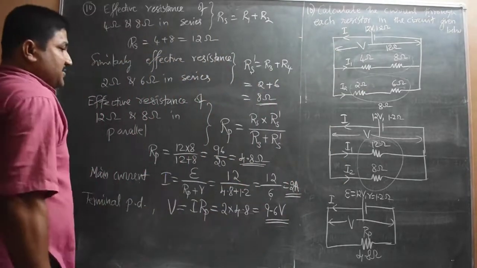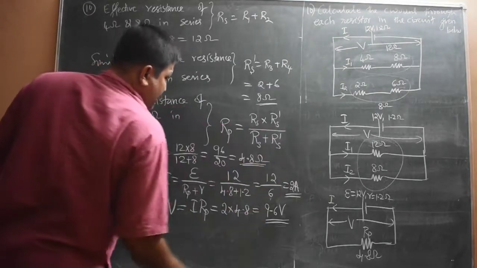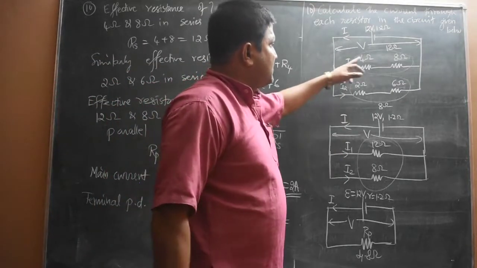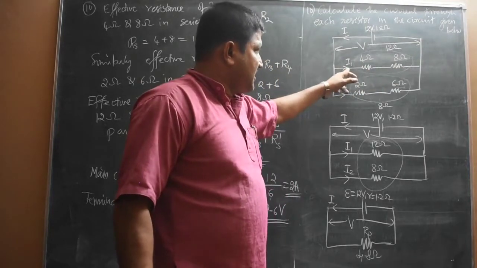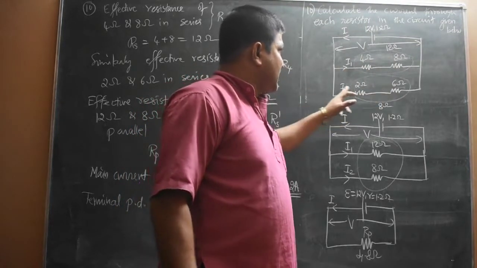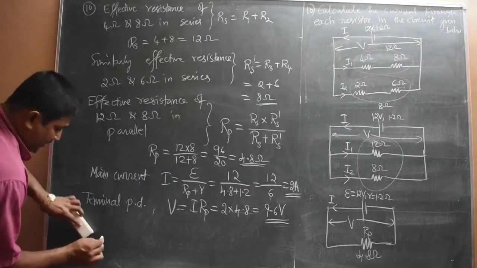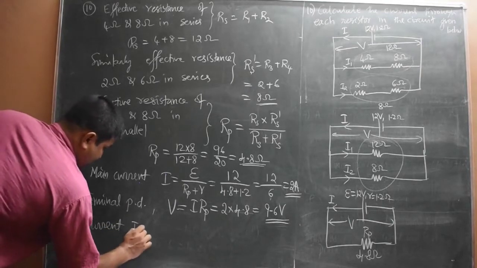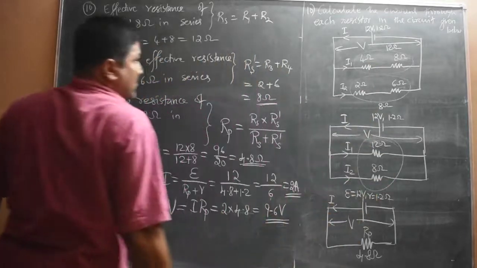Now we can get the current through each branch. First branch I1: the current through the first branch is the same current through 4 ohm and 8 ohm. And the current through 2 ohm and 6 ohm is I2. The PD across both branches will be the same as it is a parallel combination.